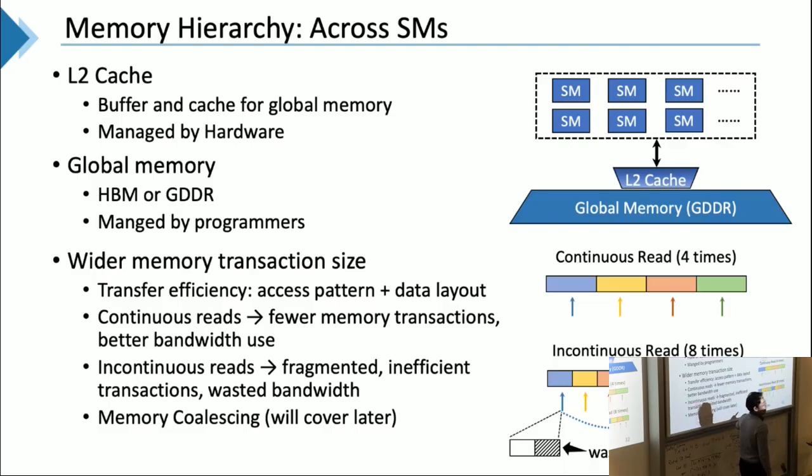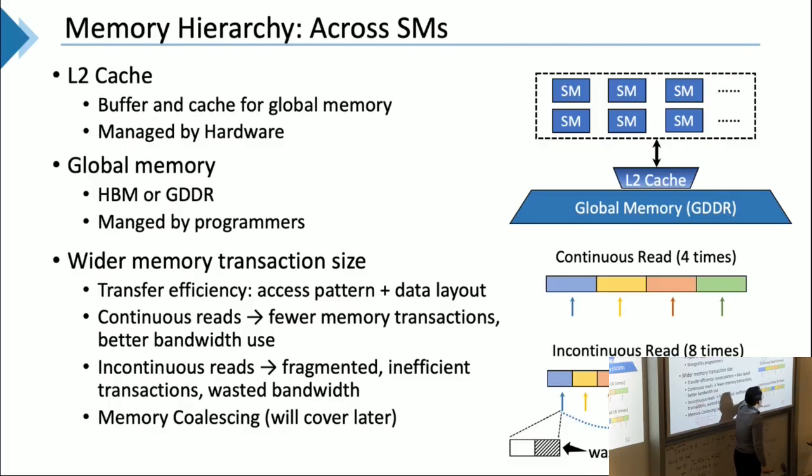So in the ideal case, in each memory transaction, we load all the data we want. This is the ideal case because the data is stored in a continuous address space.